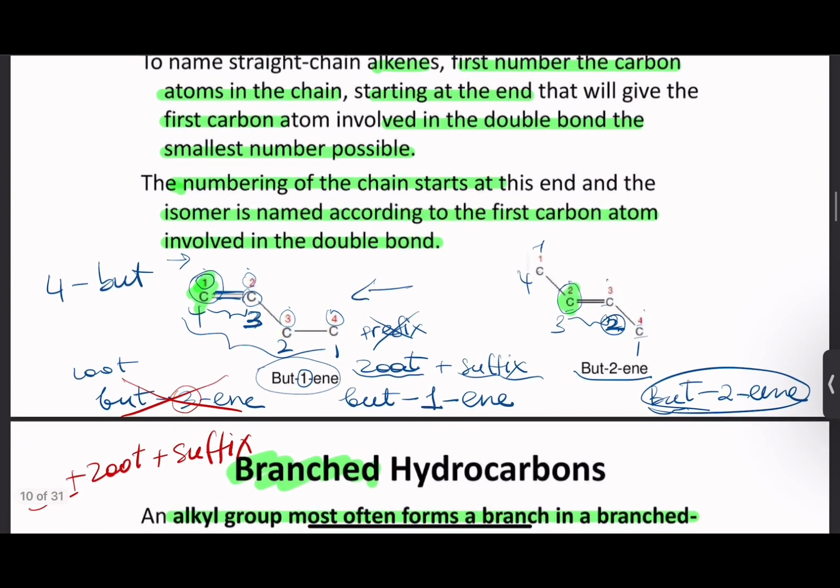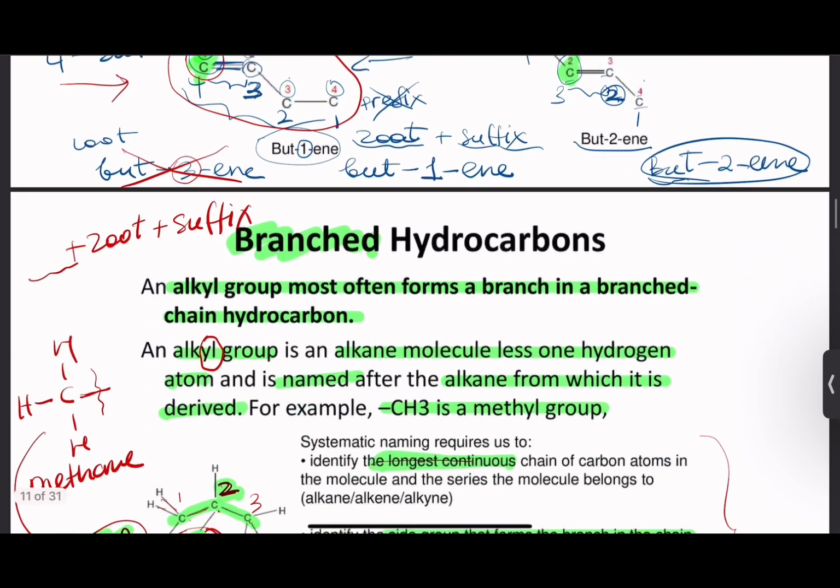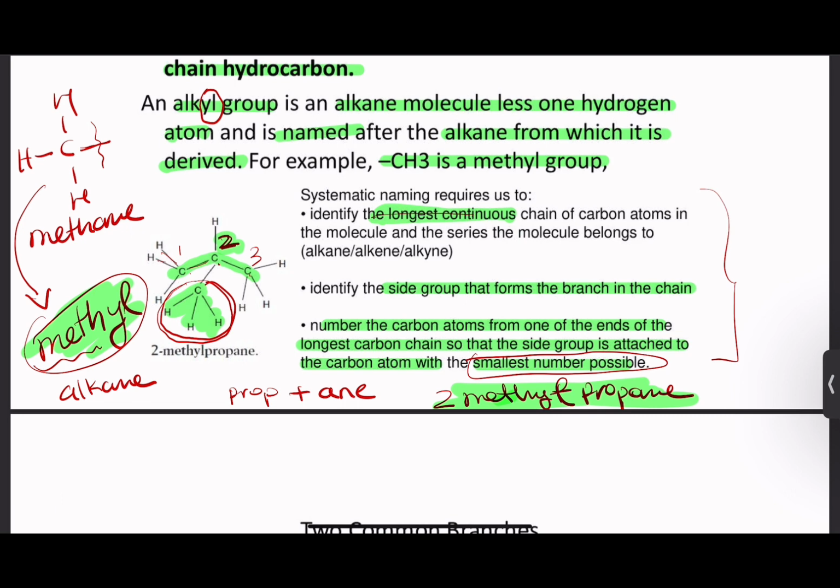Over here, I started numbering from left to right because it would give me the smallest number possible on the second carbon. And the same thing in here. I started numbering from left to right in this way, but for this specific compound it doesn't matter.